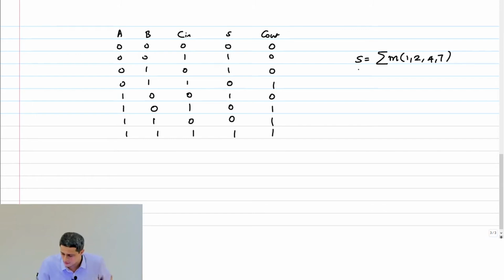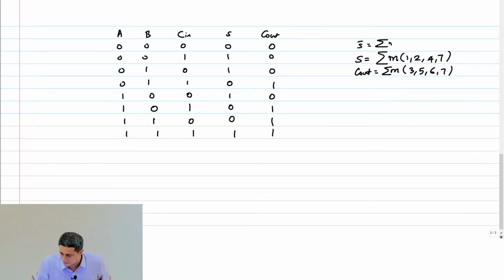Okay. C out is what? Summation of min terms 3, 5, 6, 7. Now what about S bar? Okay, let me write S bar here.